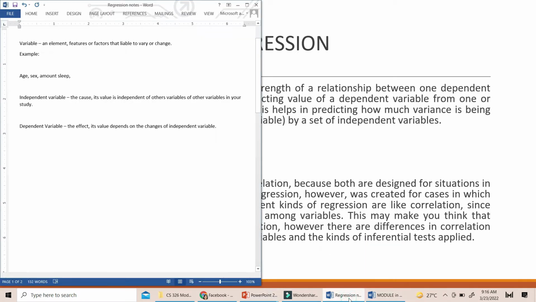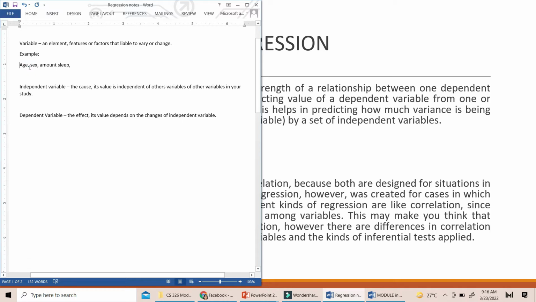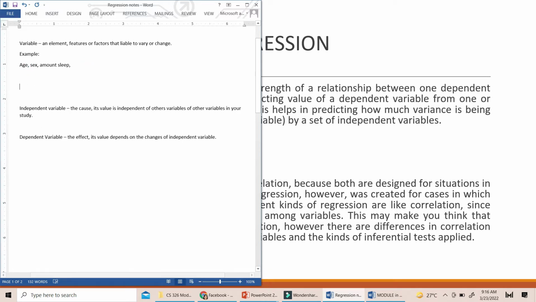I'm trying to dissect everything so that you will know what this is all about, because it's important for you to know the terminologies involved in regression analysis. So variance is a measure of variability.